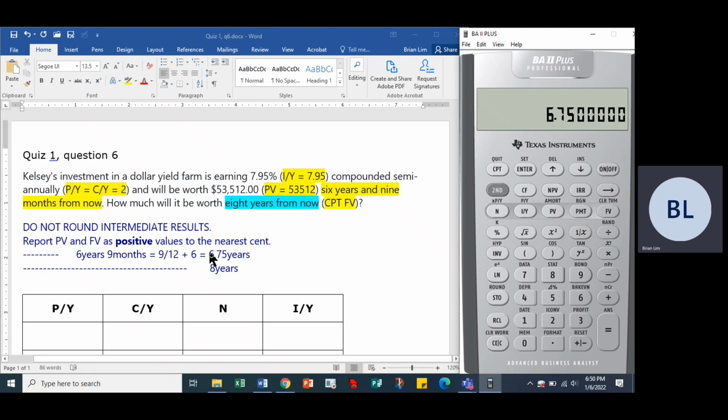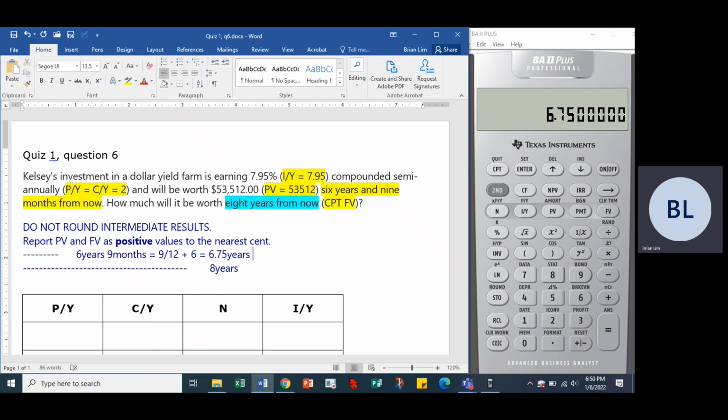Now, this is 8 years from now. So at this particular time, the present value is what? Well, the present value is equal to 53512, as indicated previously, right up here.